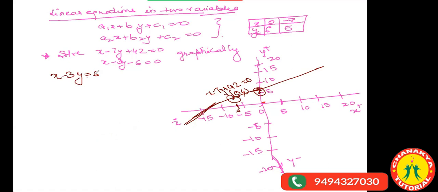You can write, children. Right? So again, you can put the value of y equal to 0. Then x minus 3 into 0 is equal to 6. Then the value of x will be 6. Clear this thing?